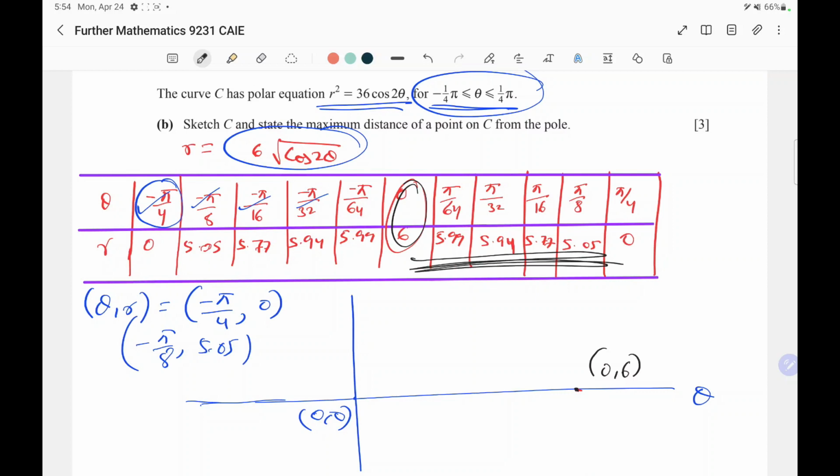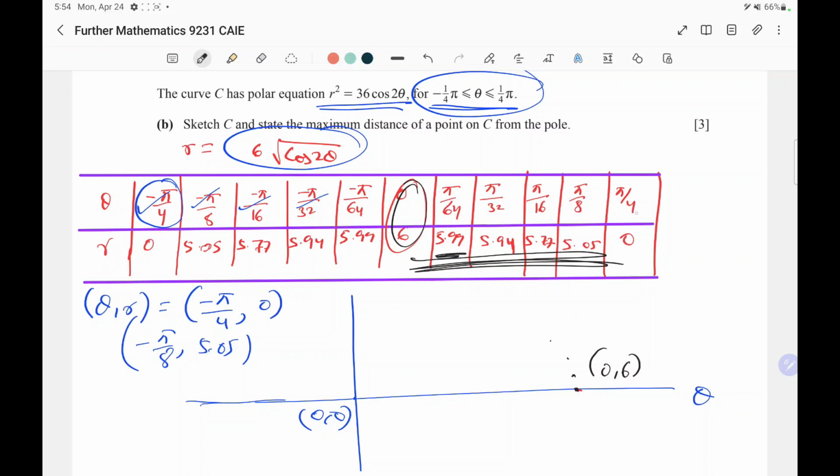When theta is pi by 64, which is very small, r is 5.99, which is about 6, right? Which is almost here. Now pi by 32, r is 5.94, it is still about 6, right? Around 6. Pi by 18, 5.05, so somewhere here.